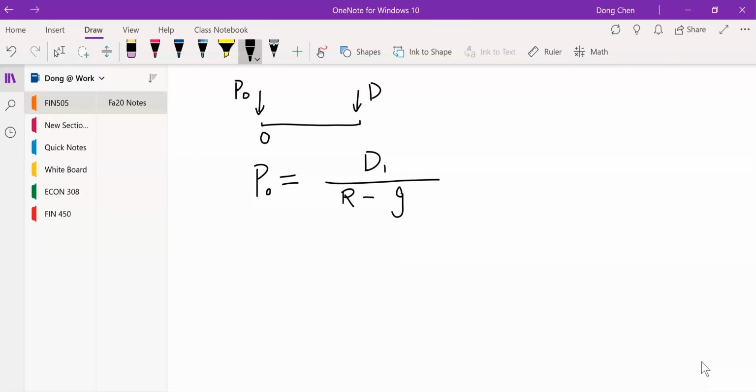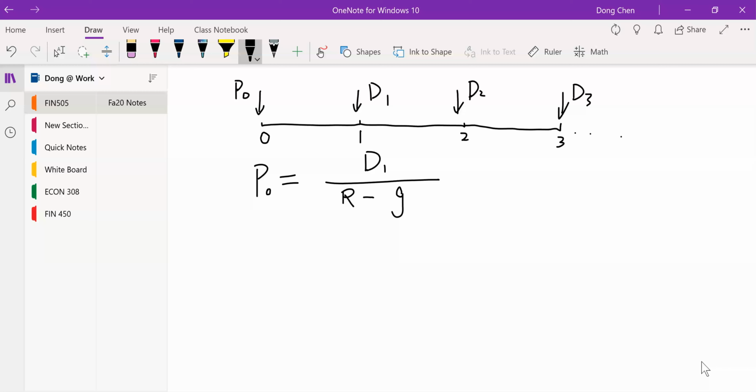And so this is D1, and we have D2, D3, and so on and so forth. So there's no maturity, so the dividends will continue forever, indefinitely.